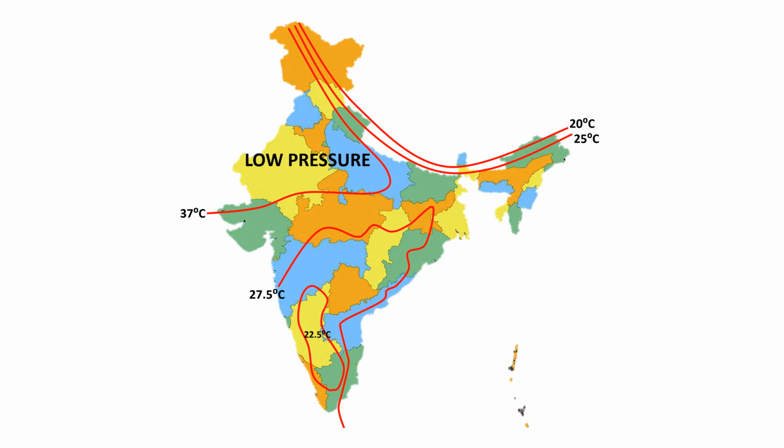An intense low pressure develops on the northwestern part of India. By early June, this low pressure condition is very powerful, and it is powerful enough to attract the trade winds of the southern hemisphere.